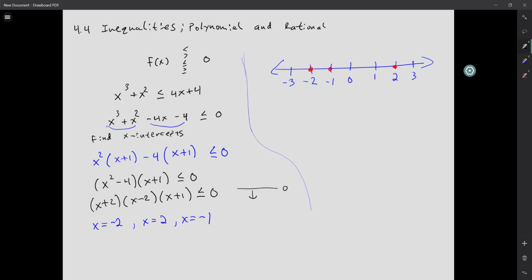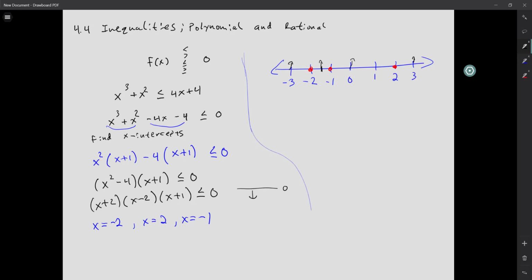So on our number line, what we want to do is look around each of the x-intercepts. So I want to pick a number between these two somewhere. I'll pick 0 because that's between negative 1 and 2. And then I'll choose numbers on the outside.